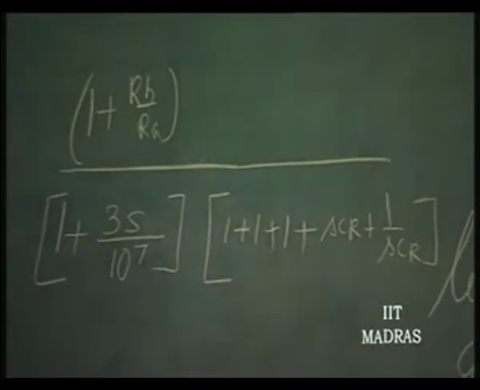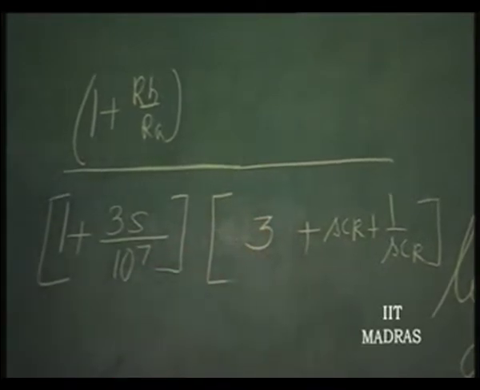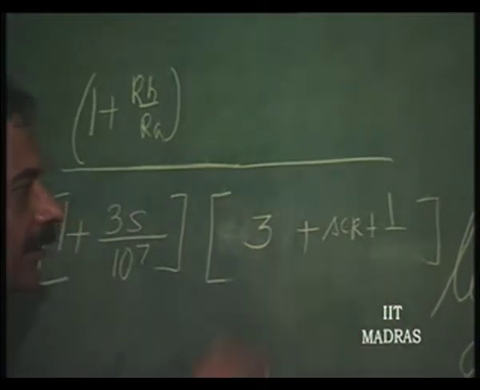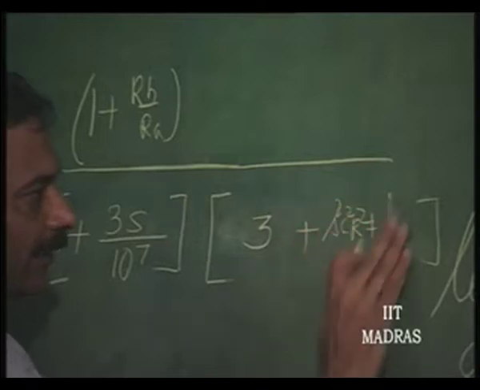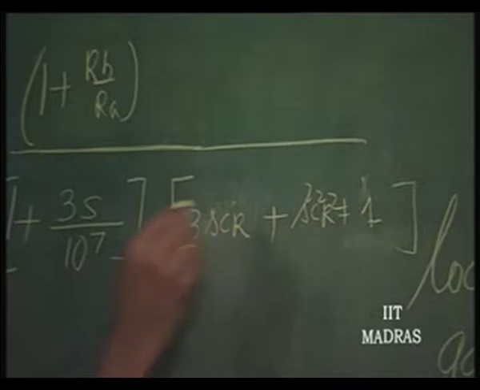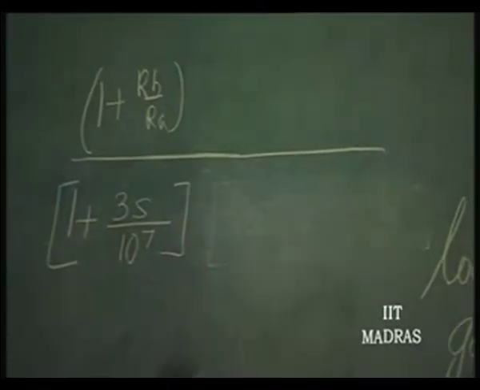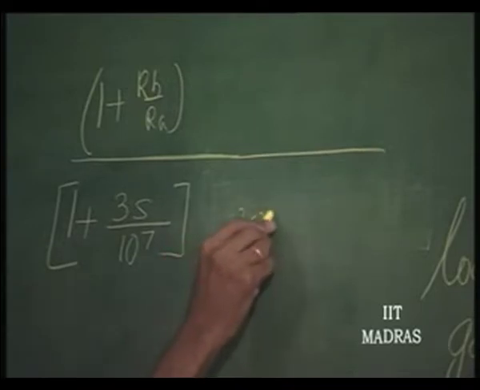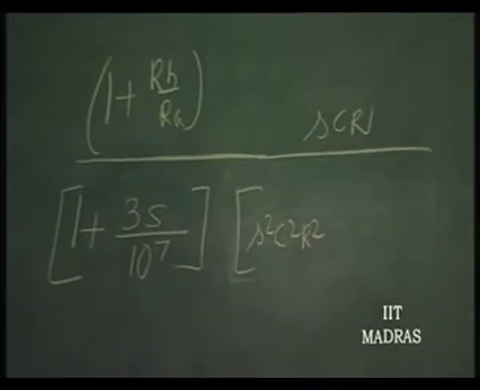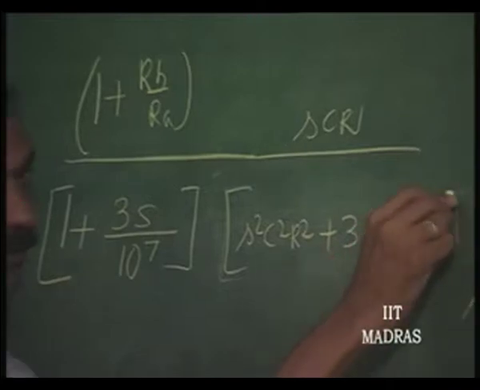That means, actually speaking, this is 3 plus sCR plus 1 over sCR, which I can normalize now. s squared C squared R squared, this will be 1 and this will be 3sCR, and therefore, I will rewrite this as s squared C squared R squared. Of course, you get sCR in the numerator, plus 3sCR plus 1.